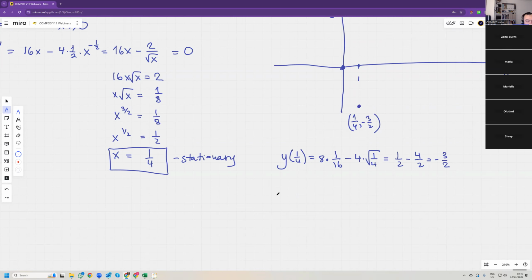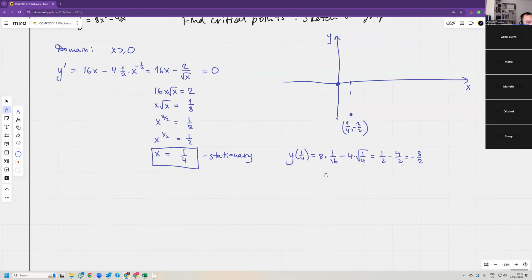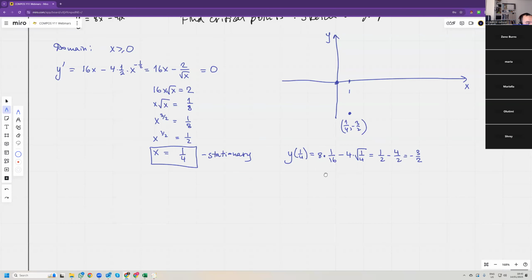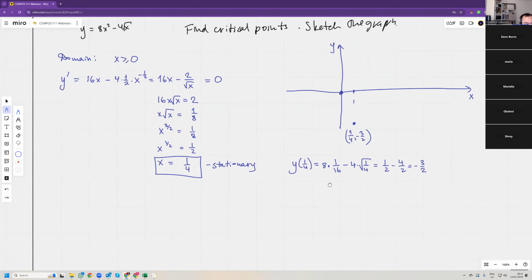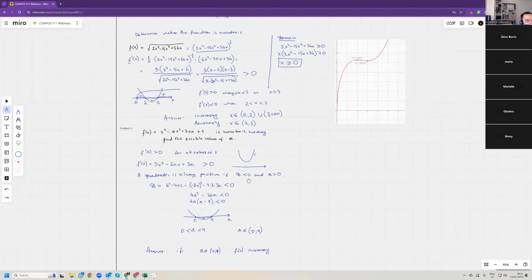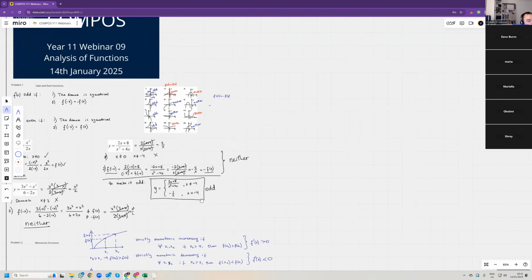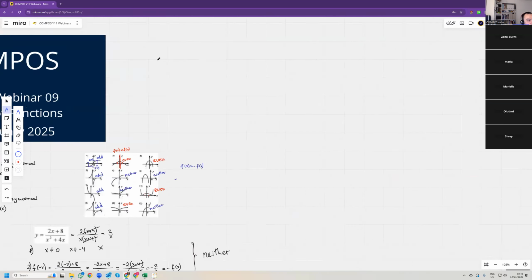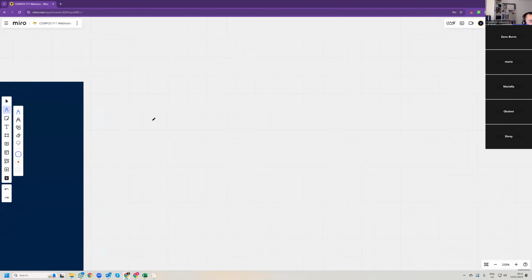Or I can find the second derivative. Would that be useful? Yeah, I think that would be useful. The interesting thing about the second derivative, let's talk about the second derivative briefly here.